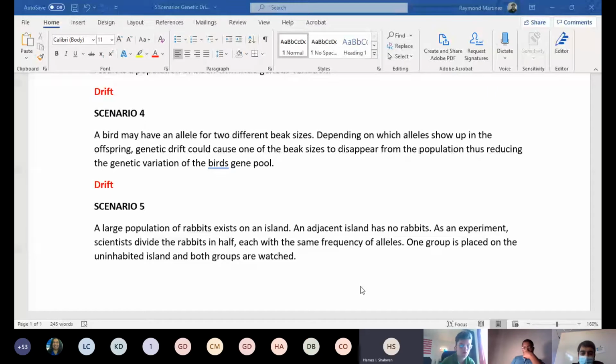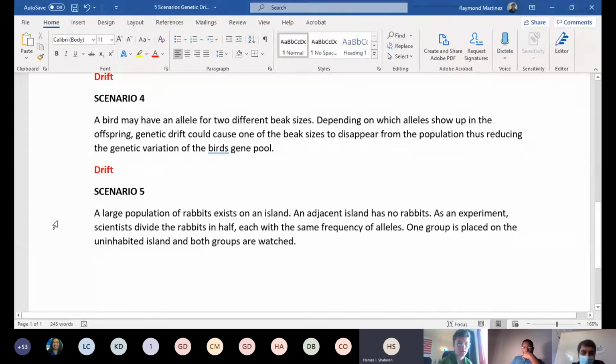Number 4. Oh, okay. I could do 5, but I don't want to do 4. Okay, go for 5. What is 5 then? Can I check my answer real quick? Mm-hmm. Okay. Okay, while Hamza looks up his answer, I'm going to go ahead and do 4.